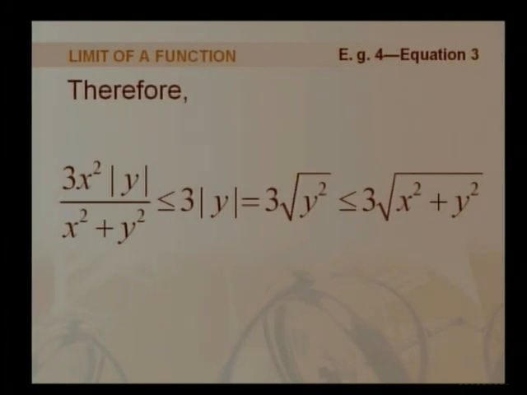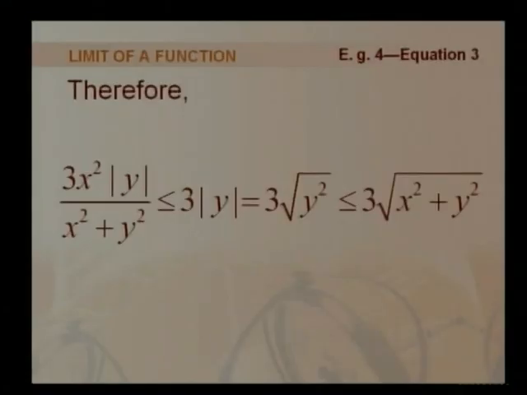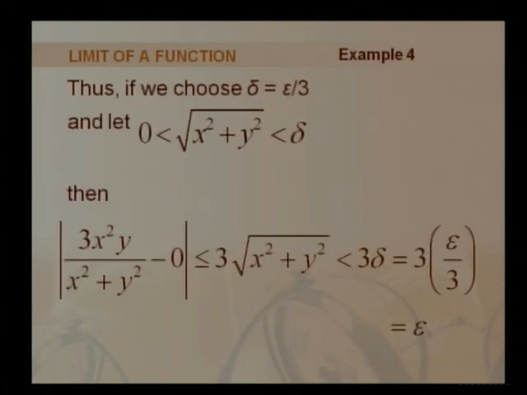Just imagine we have taken square root x square plus y square as less than delta. If we put that value delta in place of square root x square plus y square, then 3x square into modulus y upon x square plus y square will be less than 3 into delta, because the value of square root x square plus y square is less than delta.